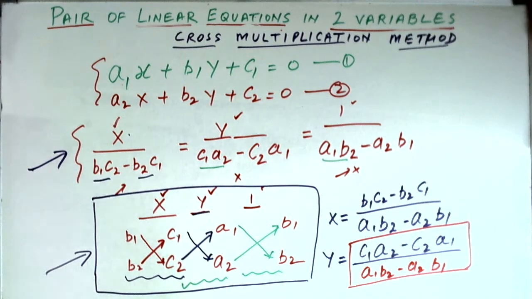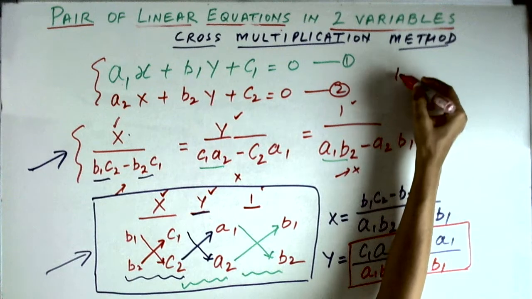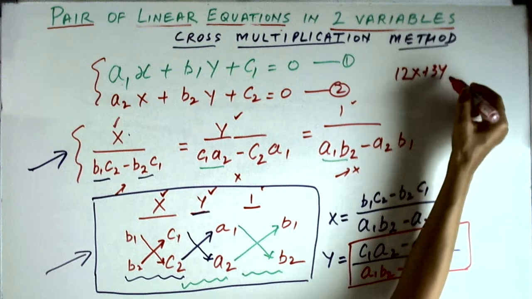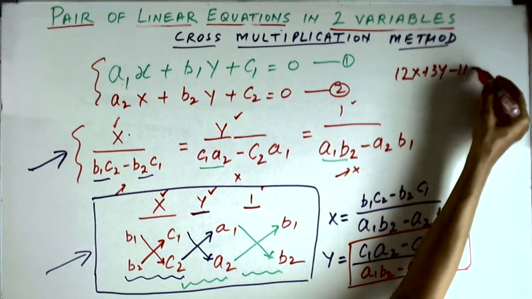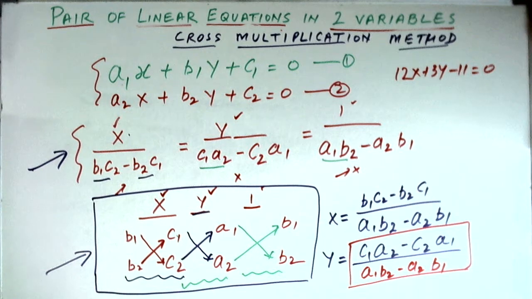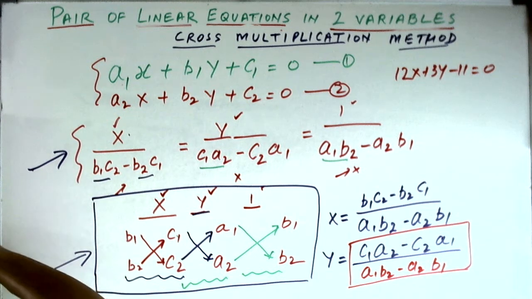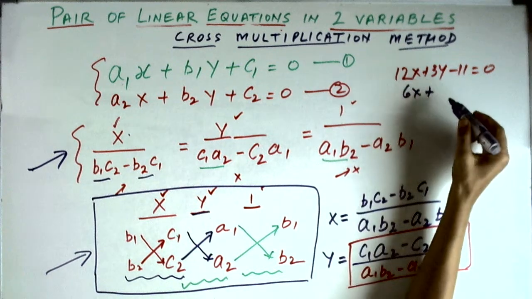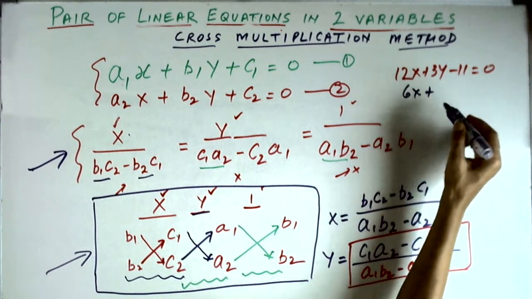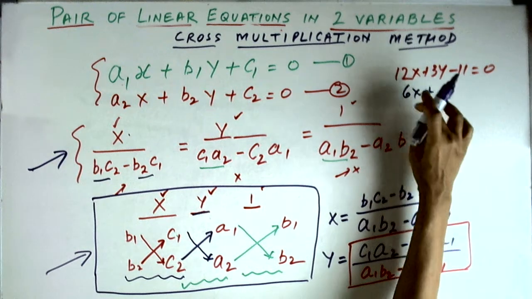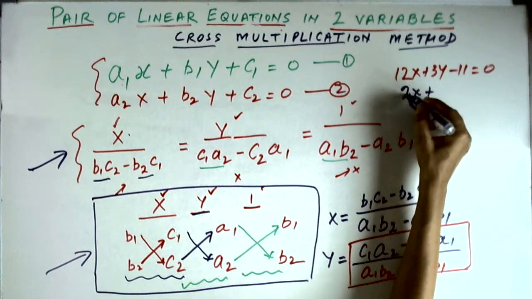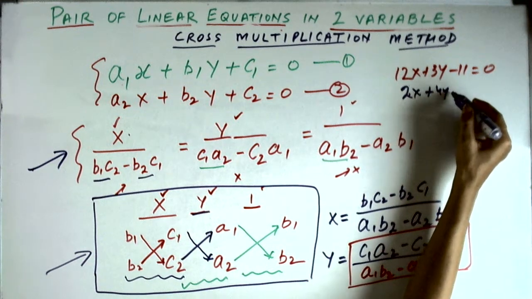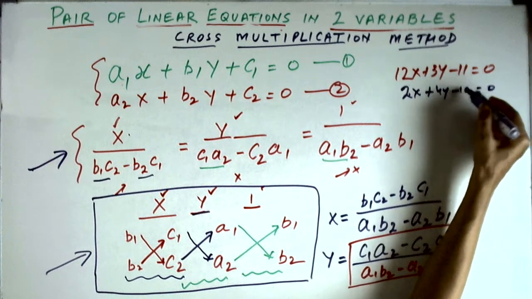Now if we take a simple example, say 12x plus 3y minus 11 equal to 0, and another equation 2x plus 4y minus 10 equal to 0.